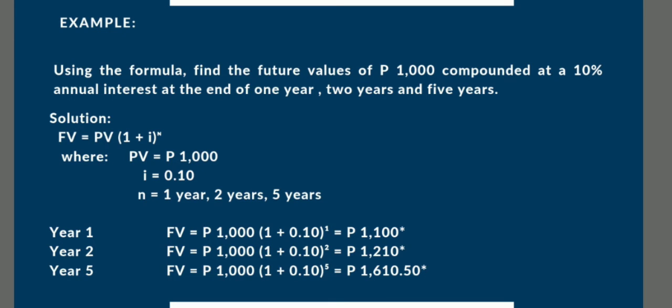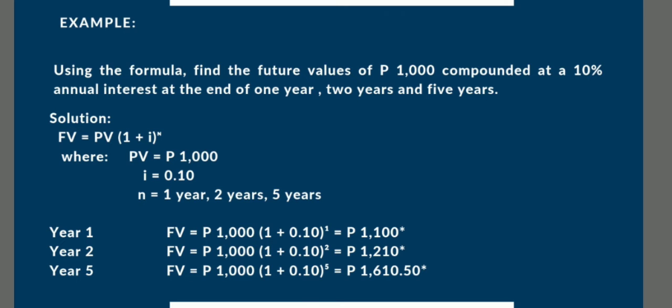So for the solution, FV equals PV(1 + i)^n, in which PV is equal to 1,000 pesos, i is equal to 0.10, n is equal to 1 year, 2 years, and 5 years. So let's proceed. In year 1, FV equals 1,000(1 + 0.10)^1, which is equal to 1,100.